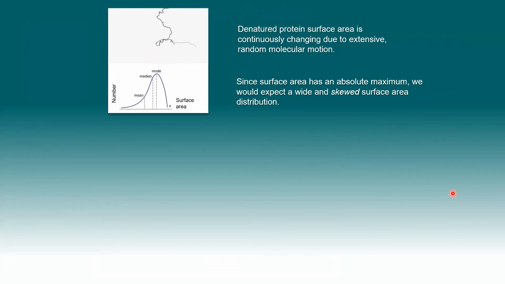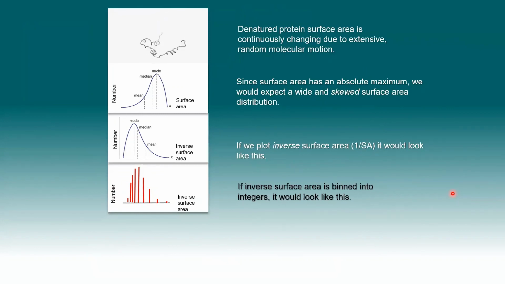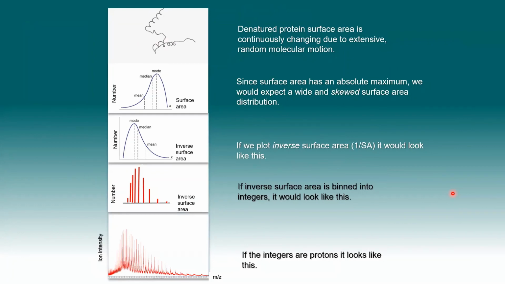So we would expect a skewed surface area distribution like this. But of course, we need to plot the inverse of surface area because we plot mass over charge. Charge is related to surface area, so we need to plot the inverse, and it would look like this. We bin it into integers, it would look like this, and then we compare that to real data, where these integers are protons, and it looks exactly like this. This is exactly what we'd expect to see.